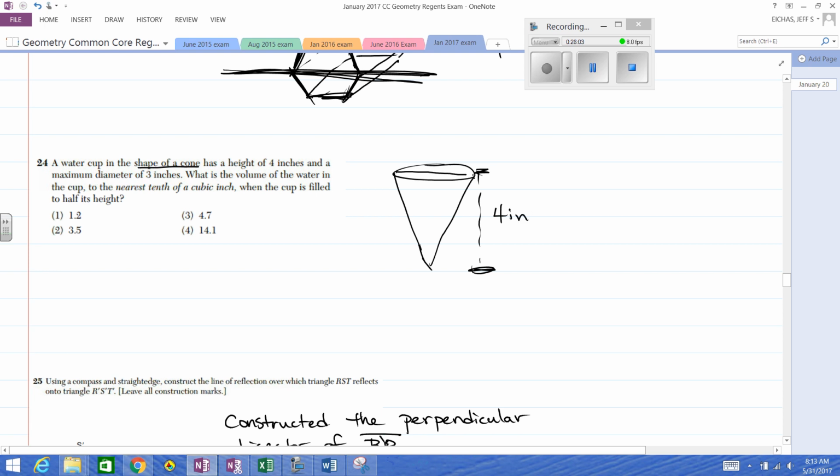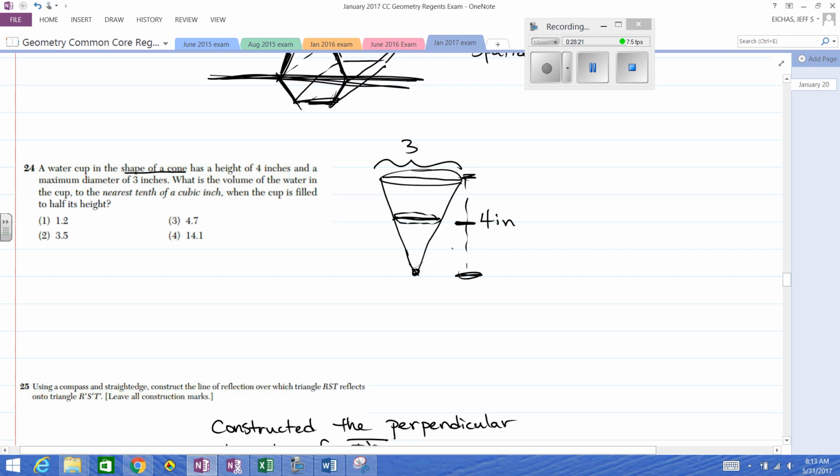Maximum diameter of 3 inches. Filled to half its height. Interesting. I'm going to fill it up halfway. Halfway would make this 2 inches. So from here to here is 2 inches.